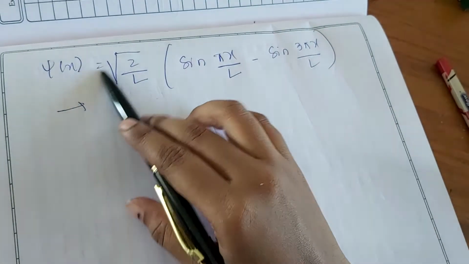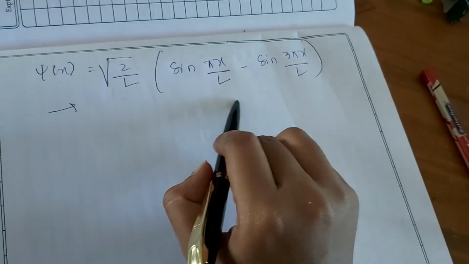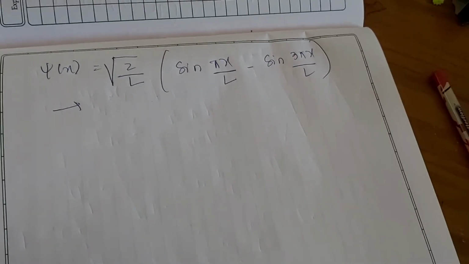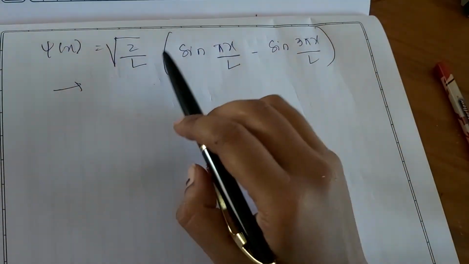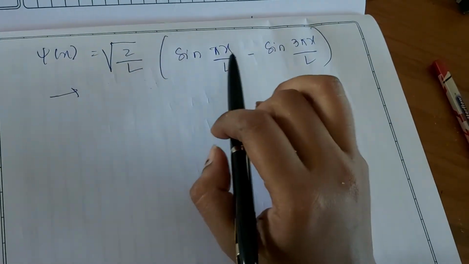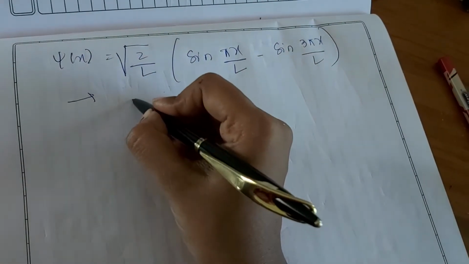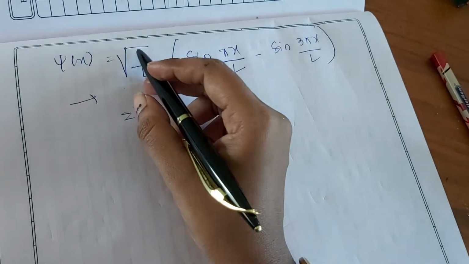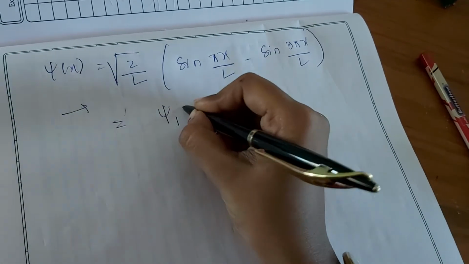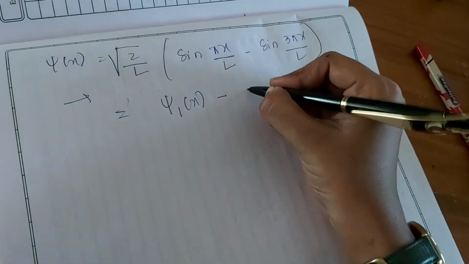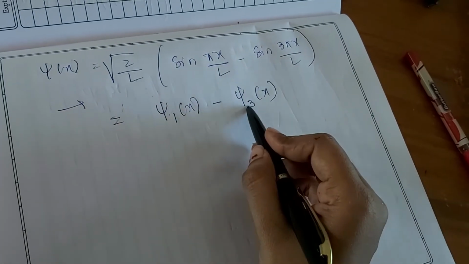But you will face some questions which are not in this format. In that case, you have to do it carefully, converting the wave function into the format of the 1D box. As we know, under root 2 by L sine pi x by L is nothing but psi 1 of x, and this is nothing but my psi 3 of x, the ground state and the second excited state.